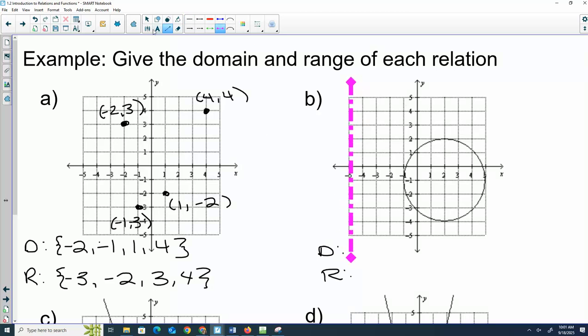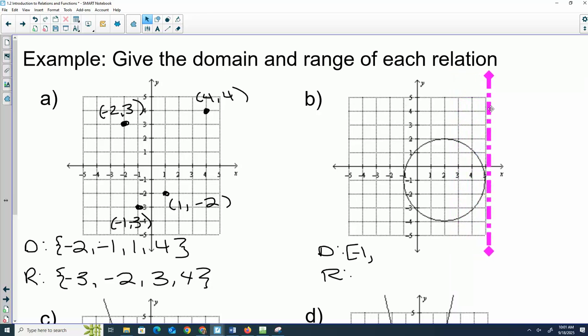As I go from left to right, small to large, what is the first place that hits an x? -1. And it does hit it, so that gets a bracket. Comma. As we keep going, we're hitting all these points on the circle. Where is the last place we hit? +5. And it does hit it, so it's everything from -1 to 5.